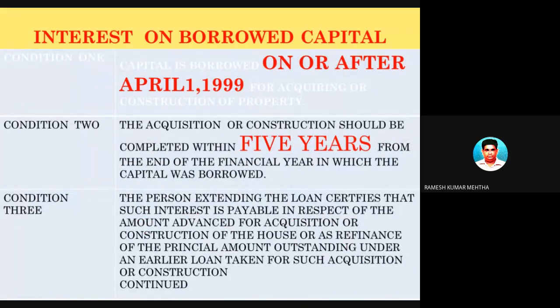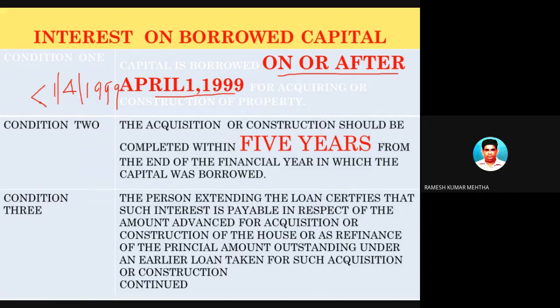Condition 1 is that the capital should be borrowed on or after 1st April 1999. If you have borrowed the loan for the construction or acquisition of house property before that, then this ceiling of 2 lakh rupees doesn't come into the picture; a maximum of 2 lakhs is not allowed.